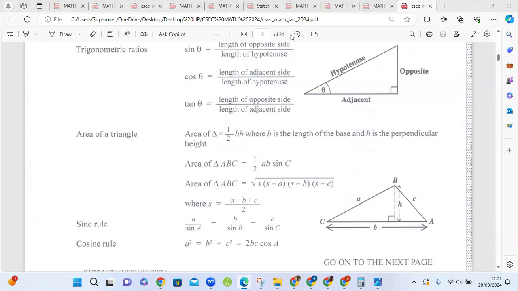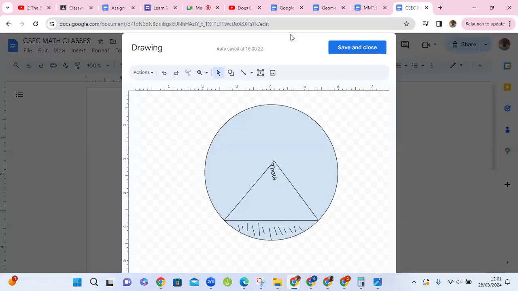Let's go back to the shape. The area of the segment will be the area of the sector, which is theta over 360 times pi r squared. Pi r squared is the area of the circle, and the sector is a fraction of the circle. So it's theta over 360, that's a fraction, times pi r squared.